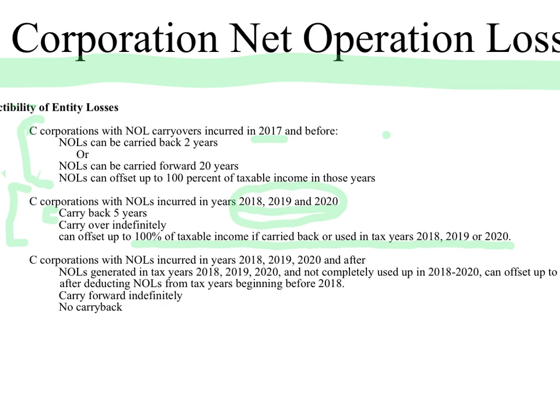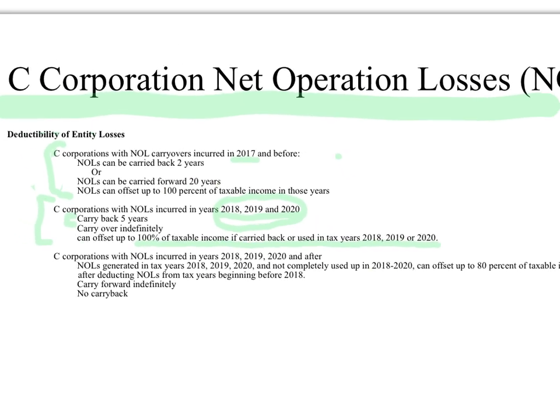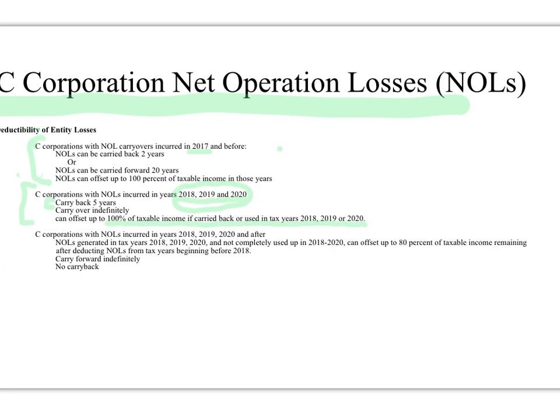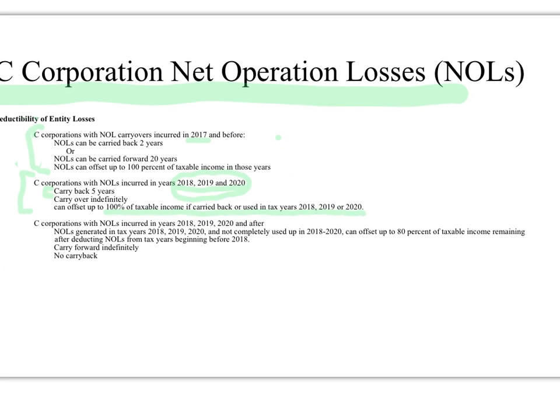Now, it gets a little bit more confusing because now we're post-COVID, all right? I'm going to move this around so we can see it a little better. Okay, so now we're post-COVID, and so C corporations with net operating losses incurred in 2018, 2019, 2020, and after, okay?